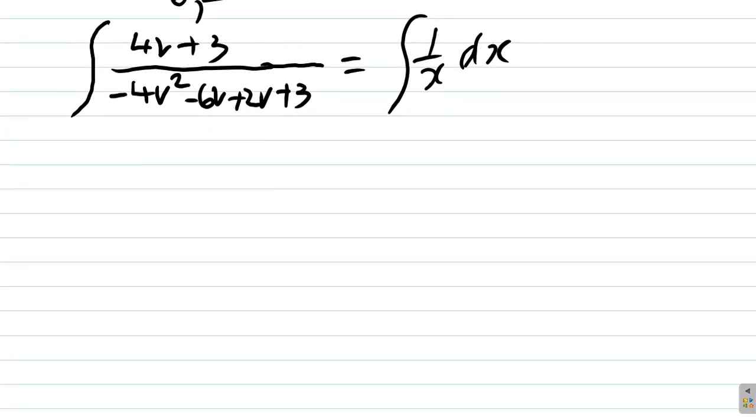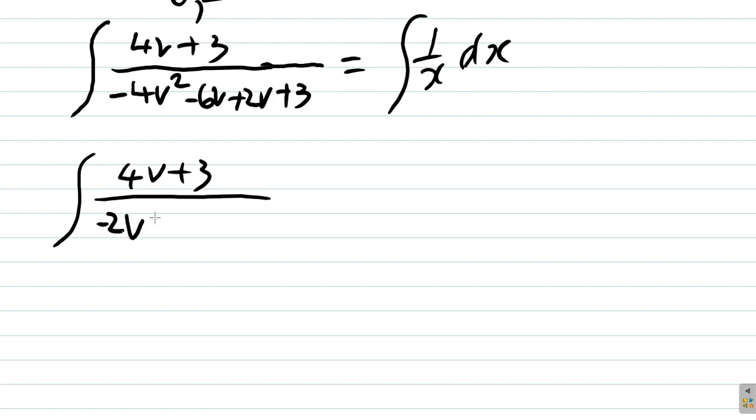Now, what happens after this? We have the integral of 4v plus 3 over what now? We factorize these two. We have negative 2v outside the bracket. Negative 2 into negative 4 is positive 2. Negative 2 into negative 3 is positive 3.